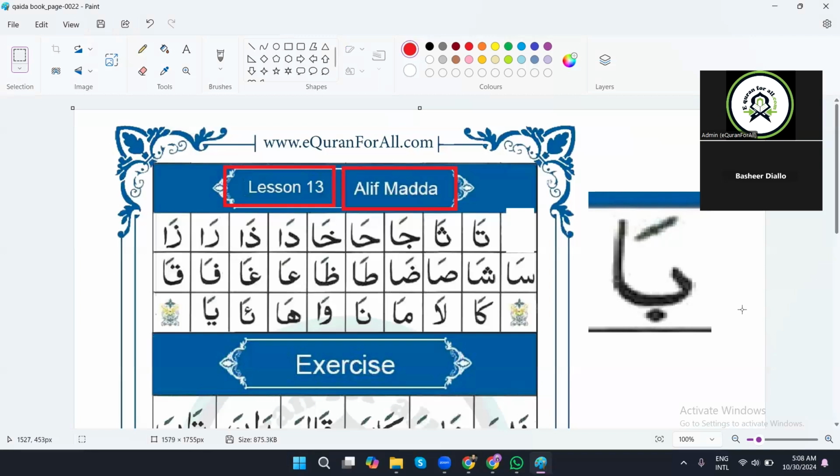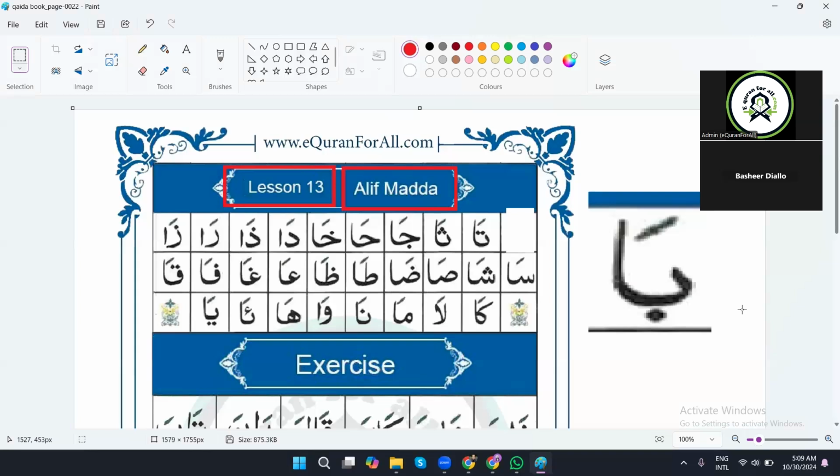The first condition of alif madda is when alif comes without any sign. For example, if alif has fatha or kasra or dhamma or sukoon, in any case we will not call it alif madda and we won't go to the second condition, because the first condition is false.